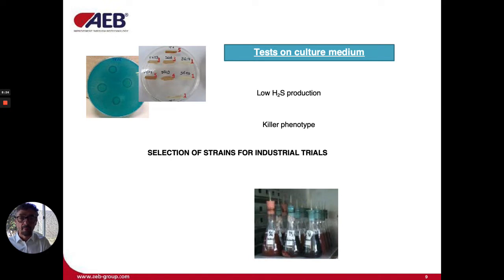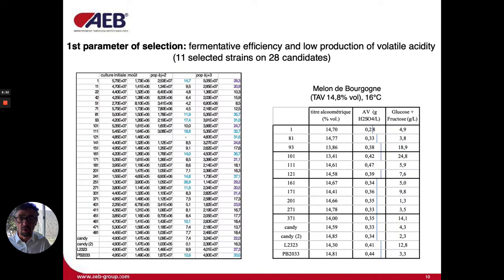And then once we select that in the lab, in the Petri dish, we take those selected strains for industrial trials. The strains are a big number originally. We started with 28 candidates, and our first parameter of selection in the industrial trial was the fermentation efficiency, so low production of OVA.